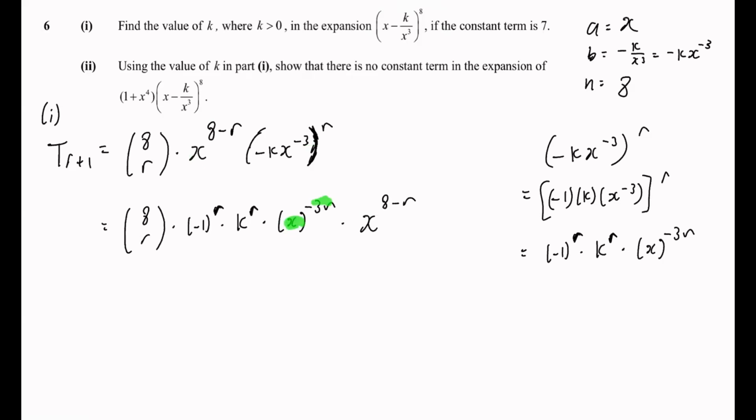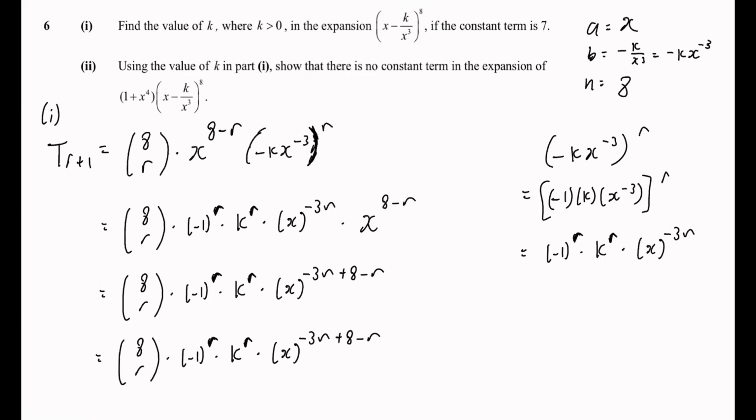Then notice that both have x, the same base x and different powers, and you're multiplying, so you just need to add the powers. So adding the powers, what do I get? Minus 3r plus 8 minus r. I simplify a bit more: minus 3r minus r is just minus 4r.